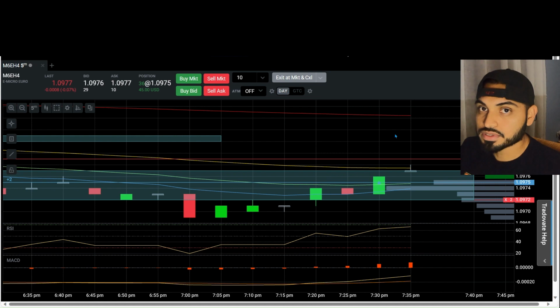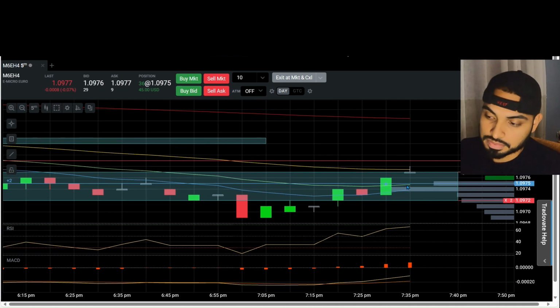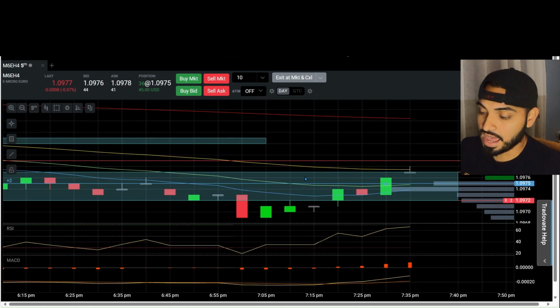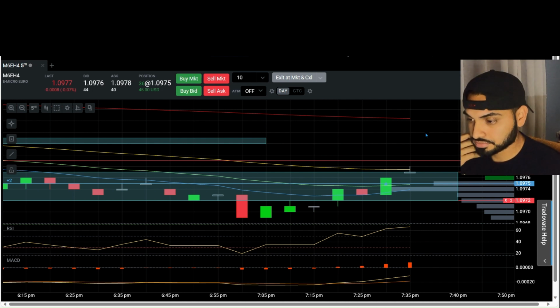So that's why I was saying that the EMAs, they're like barriers. Price action could bounce off of it. So, you know, in any given moment, price can bounce from the 48 and continue playing to the downside. That could happen to me. But that's why I have a tight stop.